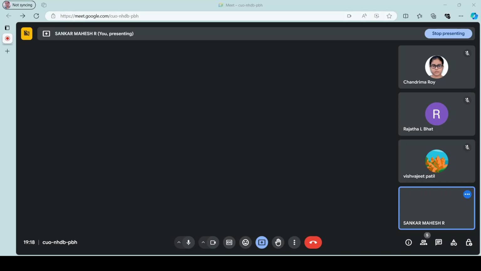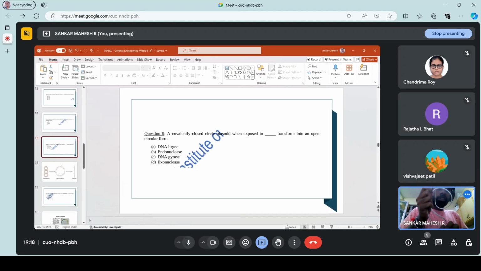Chandrima, I think I made a mistake. What I wanted to say is that usually the DNA is compact like this, and its covalent bonds stay the same. What DNA gyrase does is remove helicity.